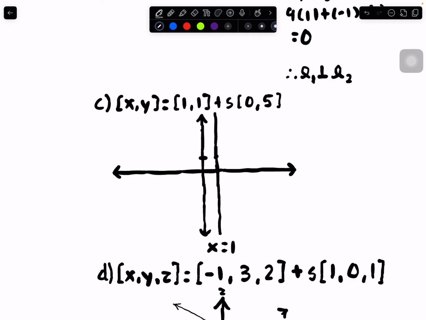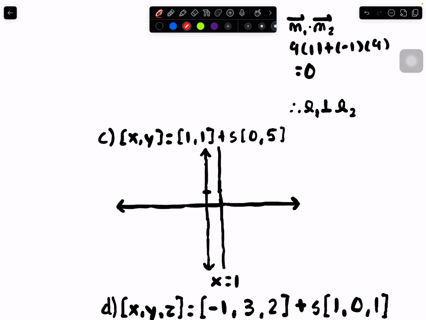C, same deal. This is the point 1, 1, the known point on the line, so it's right here. I should represent that like this. But then s times (0, 5), the way I see it, is just 5 times j. So it's a bit longer than j, the 0, 1 vector, but it's still going to go up and down.